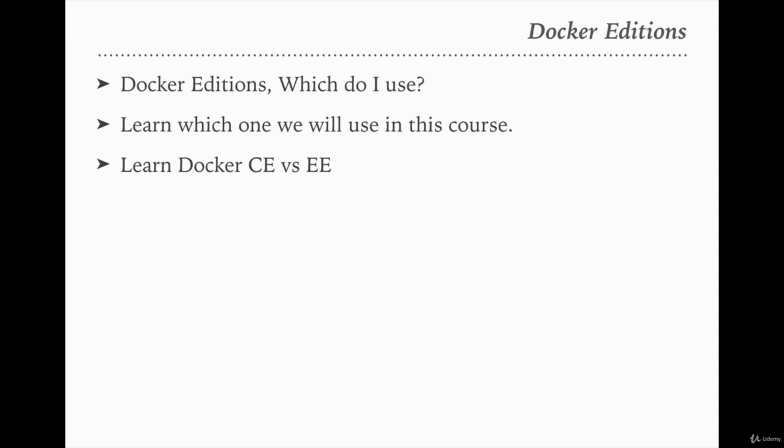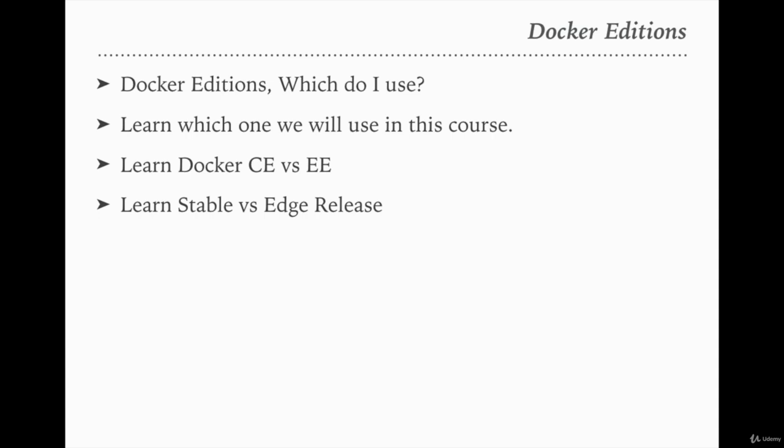So we have discussed CE, which is the Community Edition, and EE, which is the Enterprise Edition. Now we will talk about the stable and edge releases. Basically, Docker has two kinds of releases, the edge release and the stable release. As we have already discussed, Docker Community Edition has the latest updates. It always comes in two flavors.